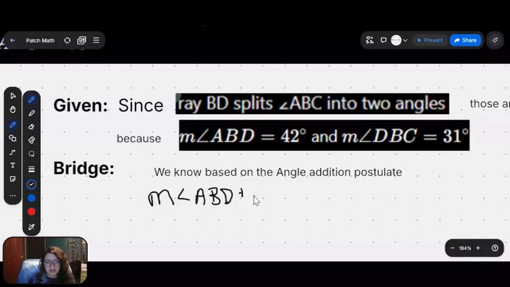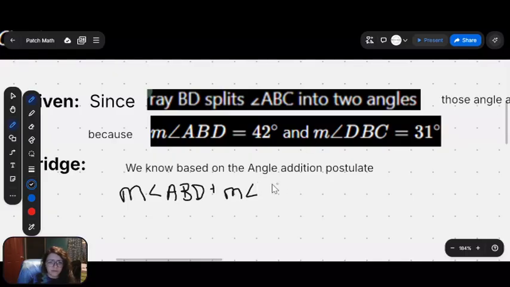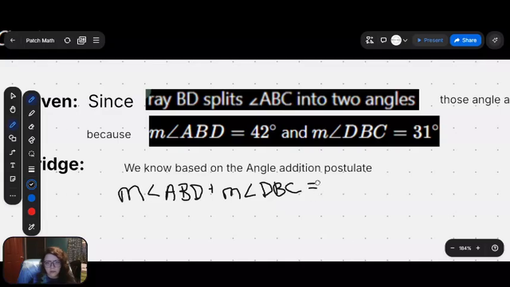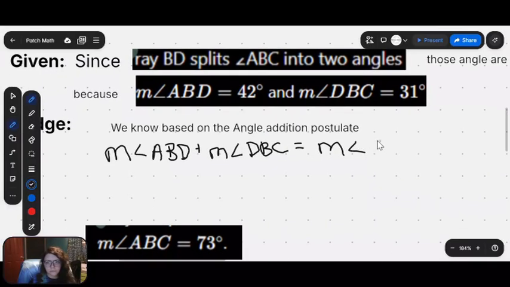plus the measure, and we're going to write it with the variables from this problem. Notice your postulates will have sample variables written in them. You'll use the variables in the given problem. DBC equals the measure of angle ABC.